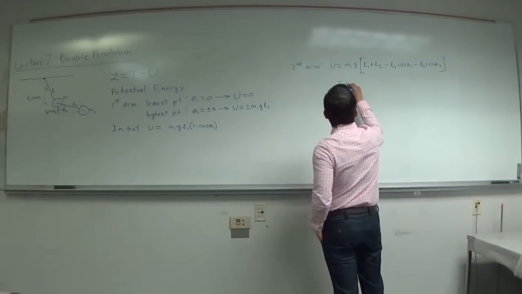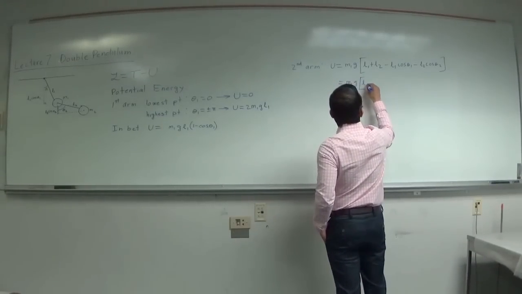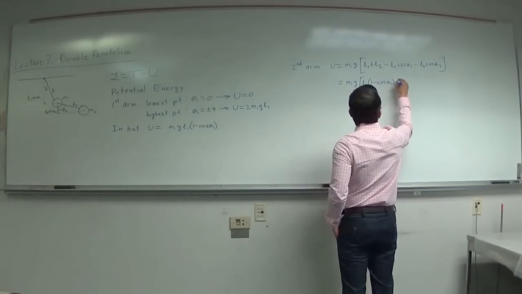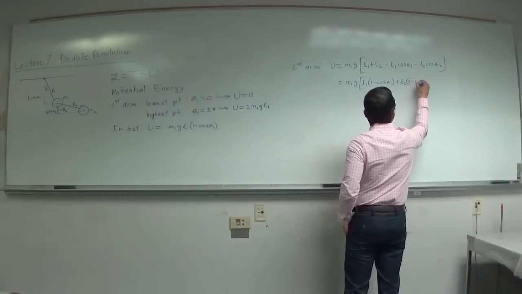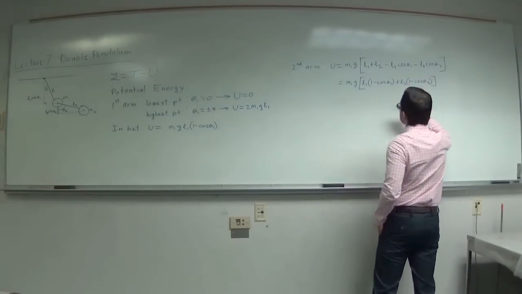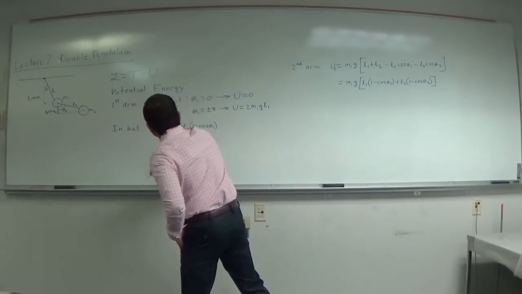So then we're going to have m1 g times L1, 1 minus cosine theta 1, plus L2, 1 minus cosine theta 2. So this is U2 and this is U1.